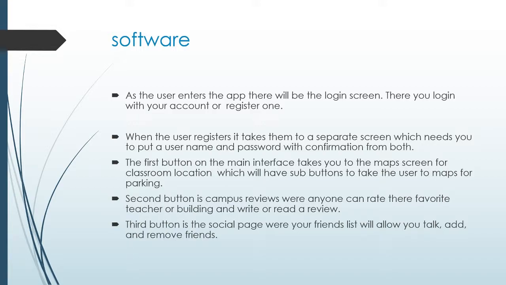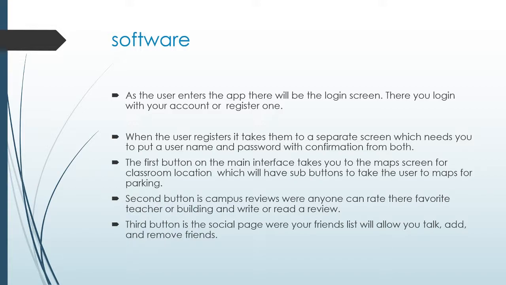will have 3 buttons. And these buttons will have sub buttons that will take you to other spots of the app. The first button on the main interface will be the maps. It will show you all the classrooms, the insides of the buildings, like all the buildings around campus.